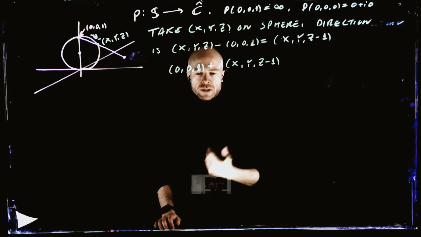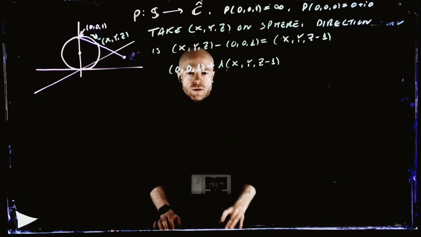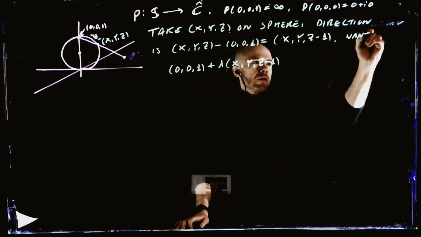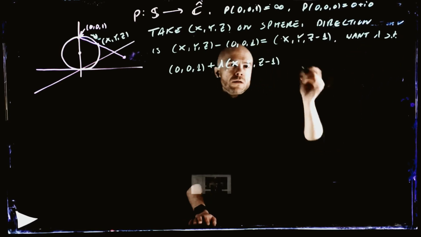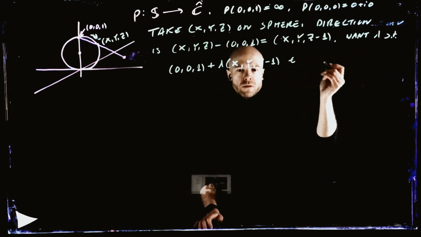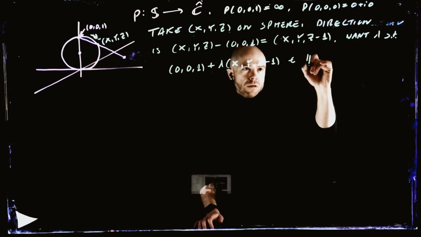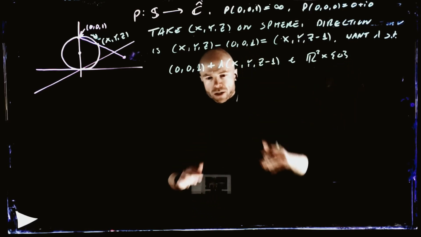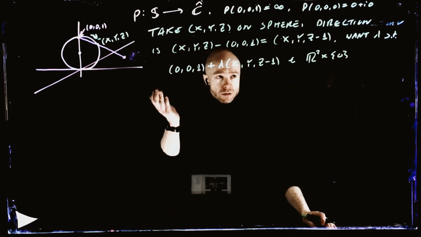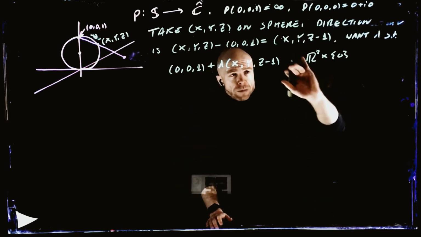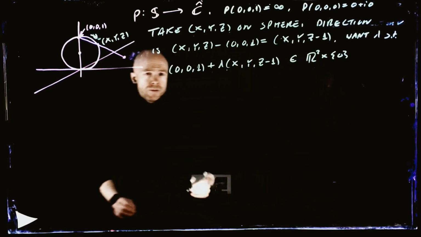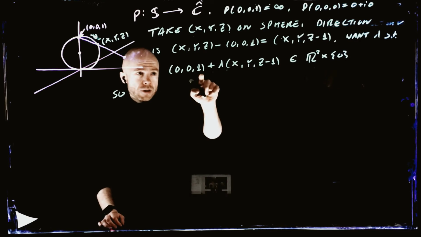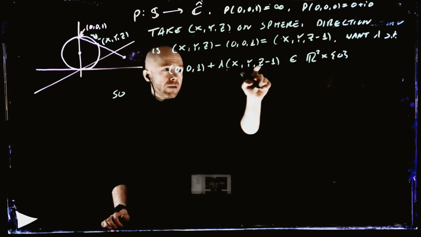What does it mean to hit the actual plane in terms of what we've written here? We want lambda such that this belongs to the complex plane, which is the same as belonging to R2 cross 0, because we're thinking of everything in 3D now. So what would that mean in terms of what we're trying to solve? If we look at just the z coordinate, we have 1 plus lambda times z minus 1.